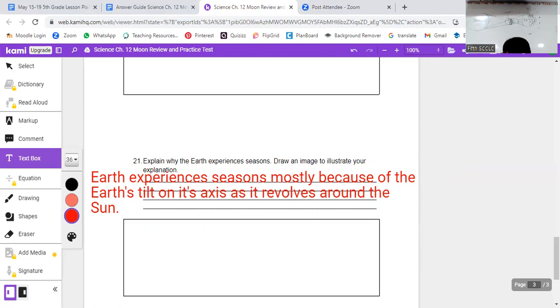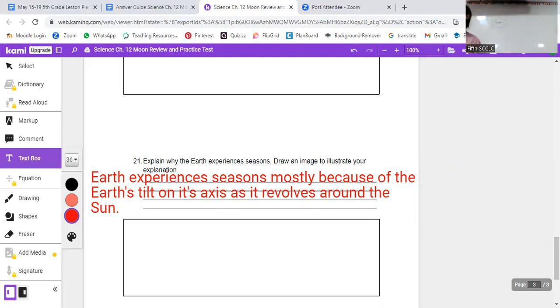Now we're gonna draw a diagram that shows what we just said. Okay. Here we go. The first thing we're gonna need is what in the middle, Marco? The sun. Okay, so you're gonna put your sun in the middle of the rectangle. Stop bending on the table, please. Okay, here's the sun.